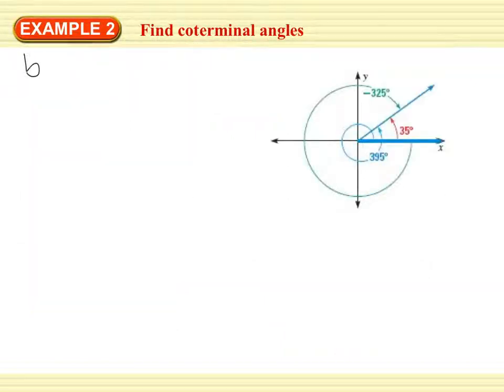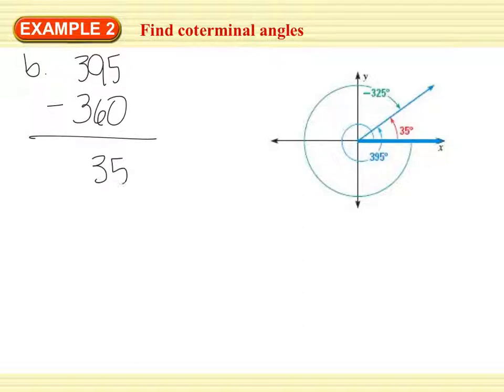Okay, B was, what was it, 395? Yep, so 395. So find coterminal angles with 395. We said earlier, when I gave you the definition for coterminal, their terminal sides coincide. An angle coterminal with a given angle can be found by adding or subtracting multiples of 360. So let's go ahead and subtract 360.